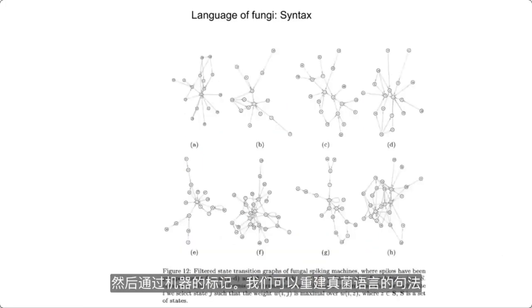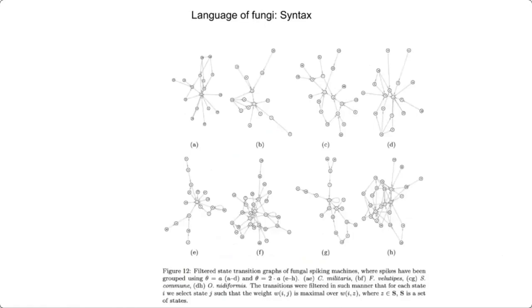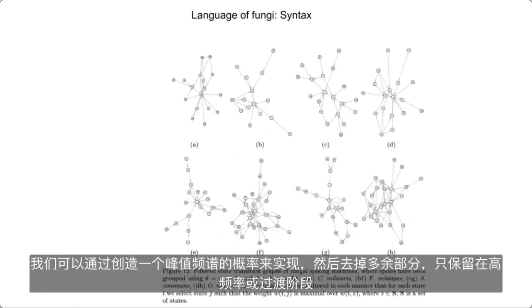And then using Markov chains, we can reconstruct the syntax of fungal language. It can be done by calculating probabilities of one spike train being followed by another spike train.